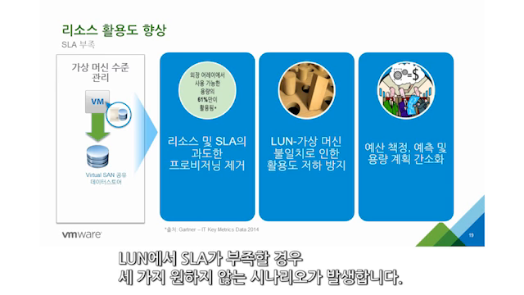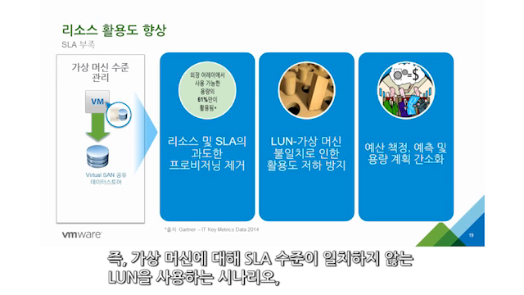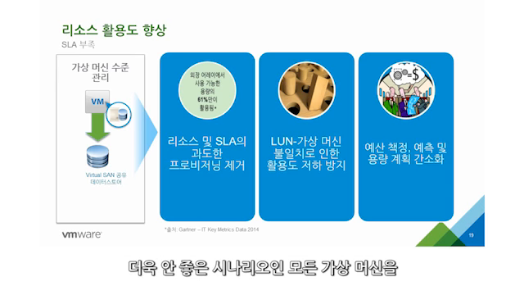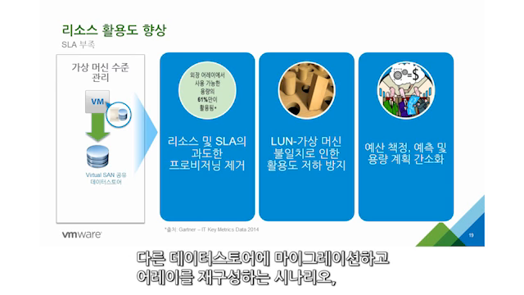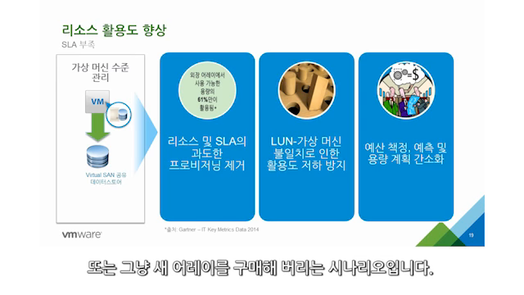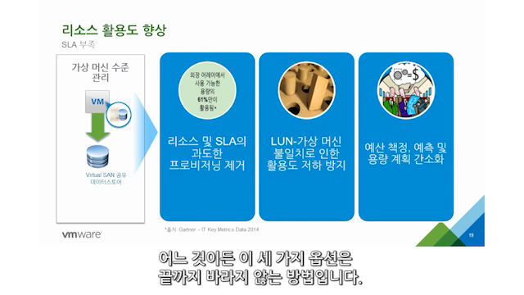So when running out of allocation on a LUN, you face three unwanted scenarios. Either you use the LUN with a mismatching SLA level for your VM, and that's not really what you want, or you migrate all your VMs to another data store and reconfigure the array, or you just go ahead and buy a new array. So either way, these are three options which really are not something which you want to do at the end of the day.